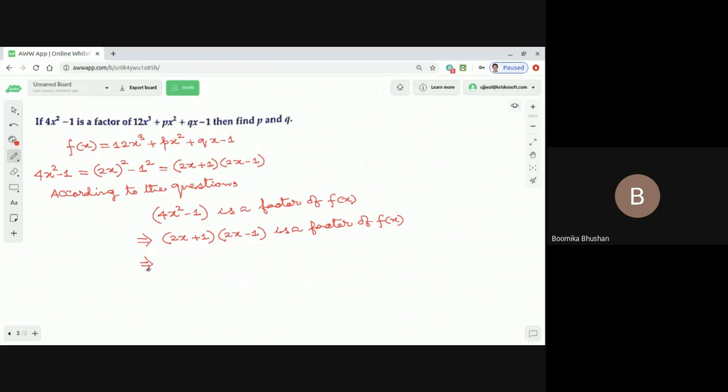This implies 2x plus 1 is a factor of fx, and 2x minus 1 is a factor of fx.